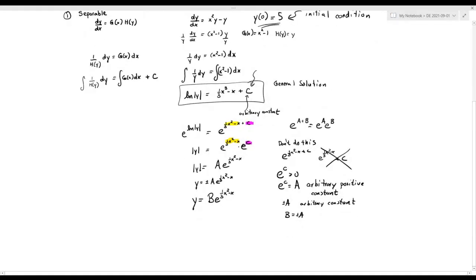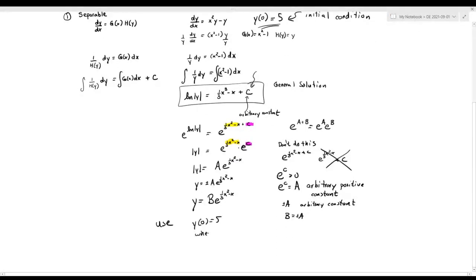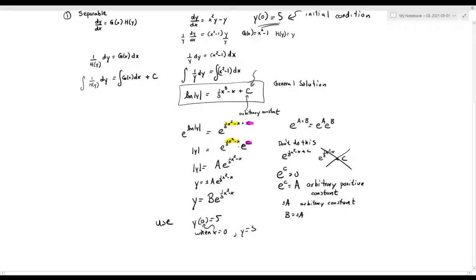So to solve the initial value problem, we have to use the fact that we're given that when x is 0, of course this is x, we see that y must be 5, which allows us to replace x with 0 and y with 5 in our general solution.